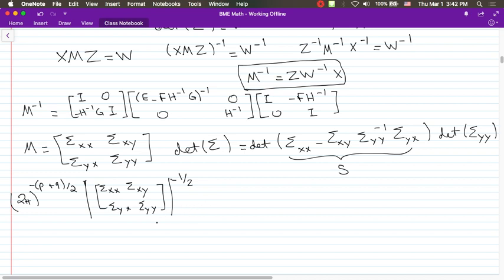So that's the left side of my normal distribution. I can now factor this out and write it as 2 pi to the minus p over 2 times the determinant of S raised to the power of 1/2, times 2 pi to the minus q over 2 times the determinant of sigma yy.